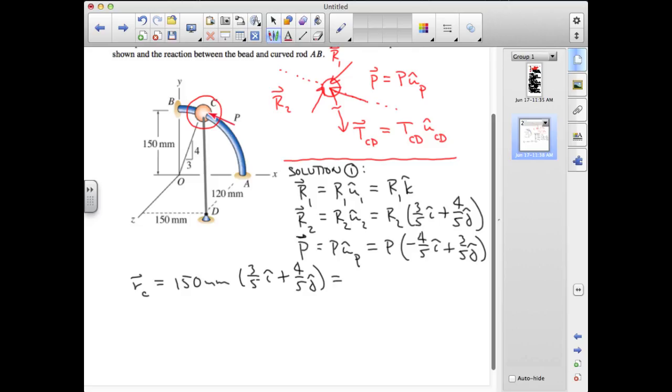And so that's 90 I plus 120 J millimeters.